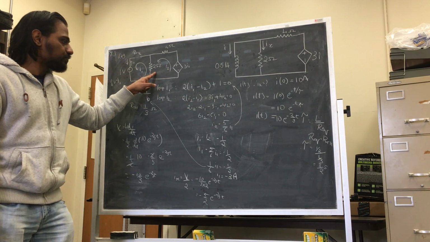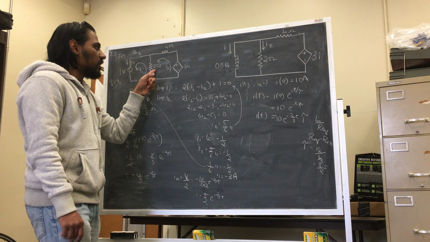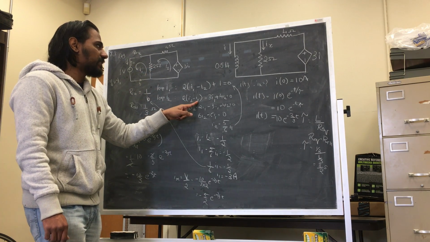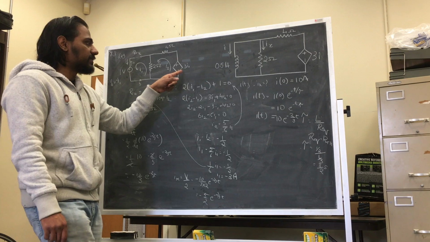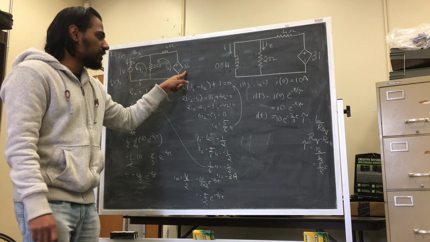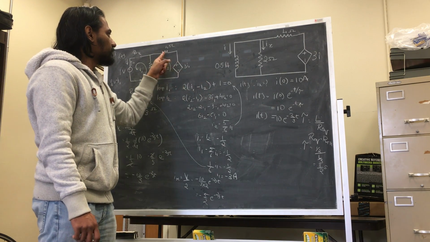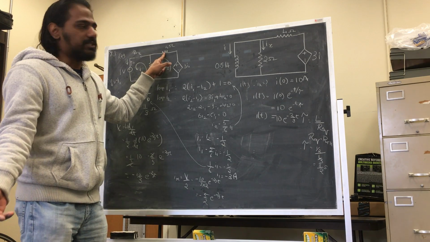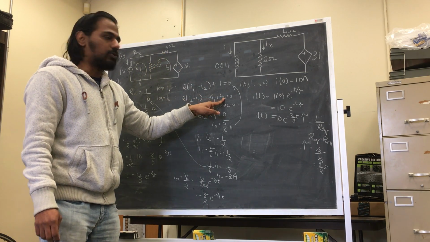For the second loop, you have 2 times I2 minus I1, minus 3I1, the dependent current source, and the 4 ohm resistor, with I2 flowing through it.